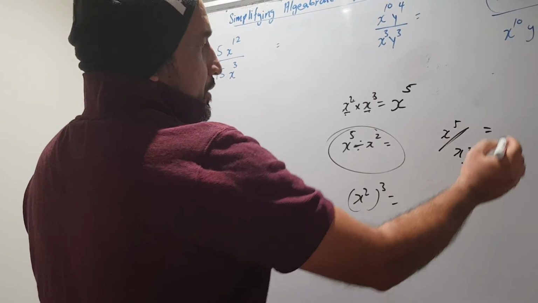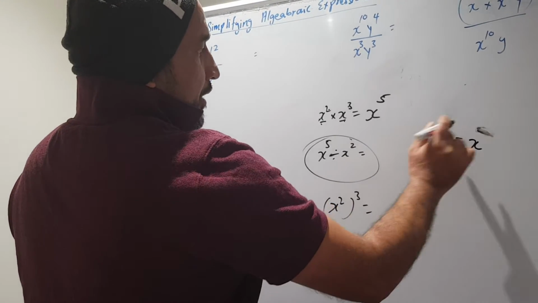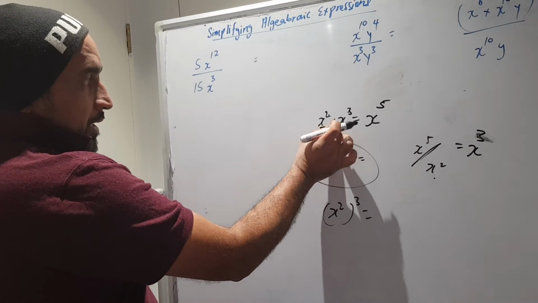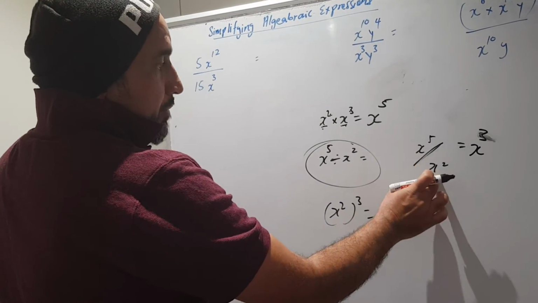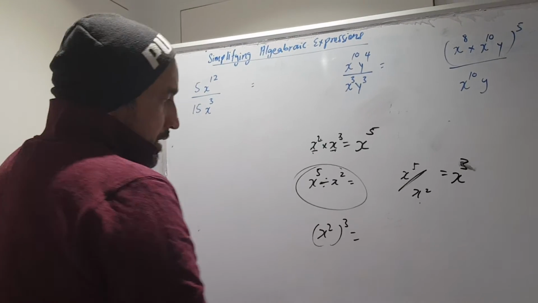We take away the powers. So this is x to the power of 2, 5 minus 2 is 3. So when the base is the same and it is separately multiplied, we add the powers, and when the base is the same and it is divided, we take away the powers.